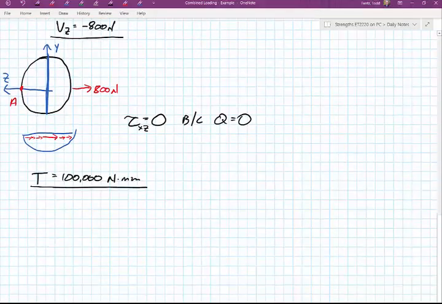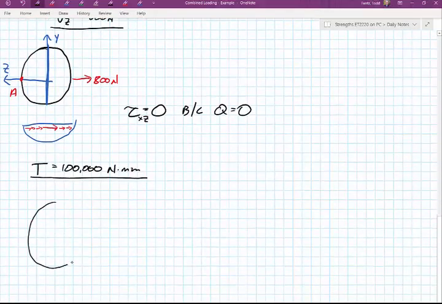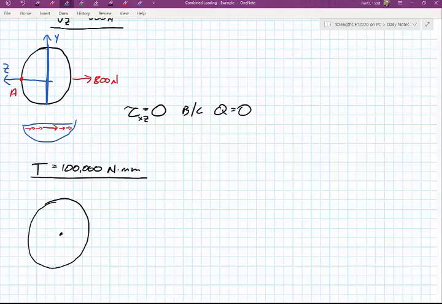So once again, I'm going to start by drawing my cross section, and on this cross section, I'm going to put in my axes. So we have y, z, A is right here. Now the critical point is, which direction is that torque going, right?